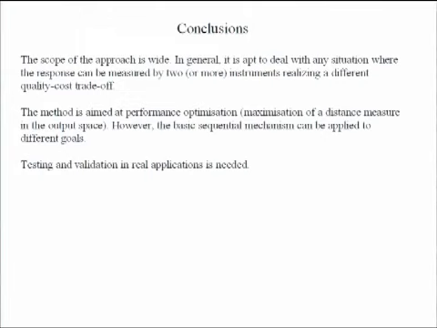The method now is aimed at performance optimization, in a sense maximization of a distance measure in the output space, but we can have different goals. For example, we can maximize a distance in the input space if we want the design solution to be very different from the initial one in terms of input factors.